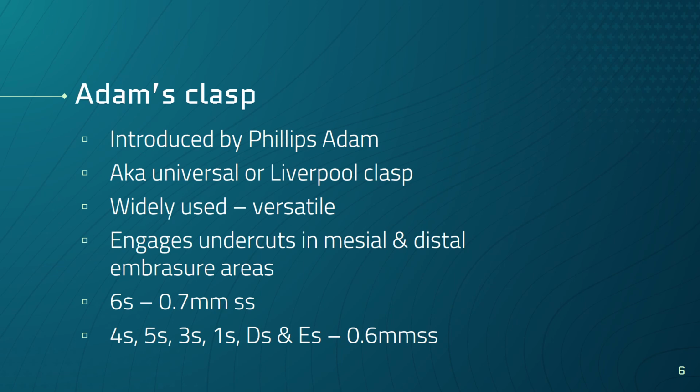The Adams clasp on the first molars is usually fabricated from 0.7 millimeter hard stainless steel wire. For all the other teeth, the Adams clasp is constructed from 0.6 millimeter stainless steel wire.